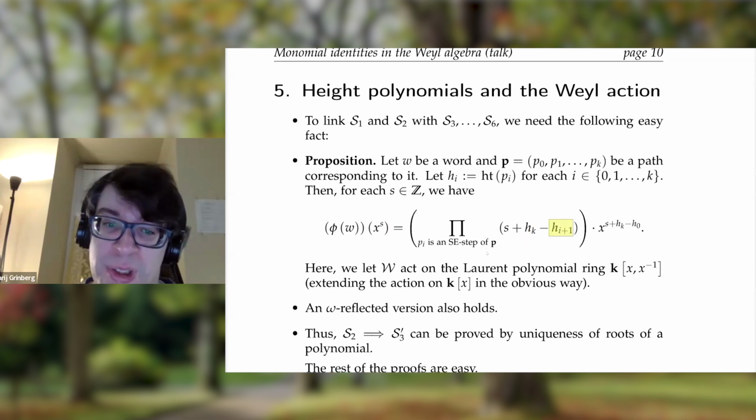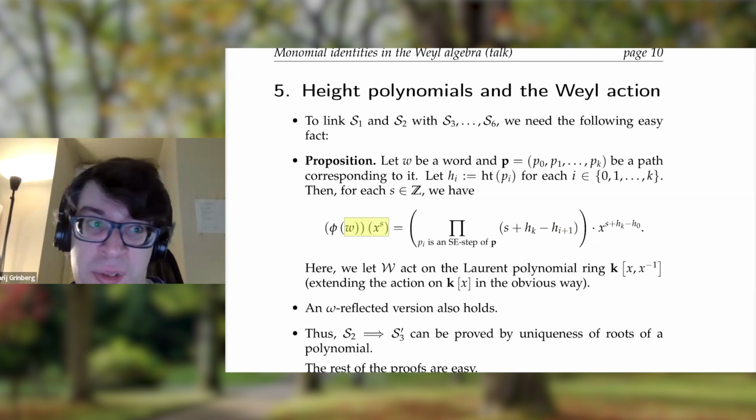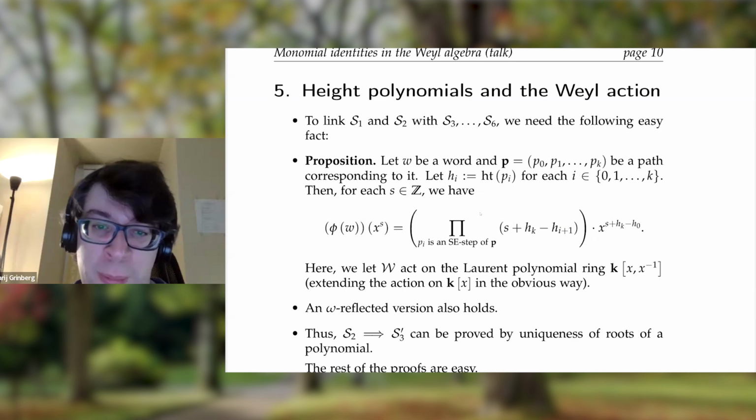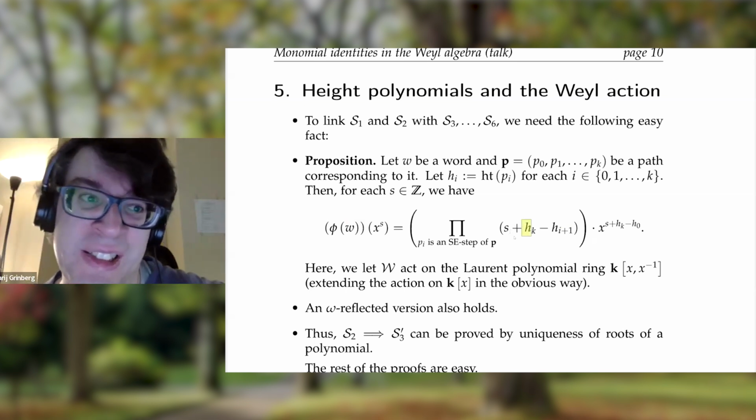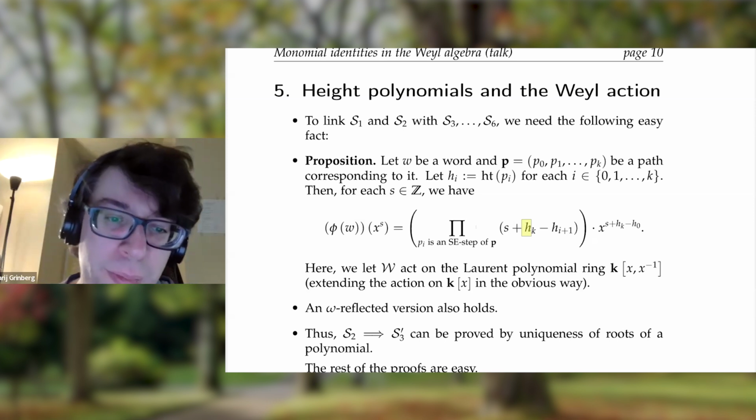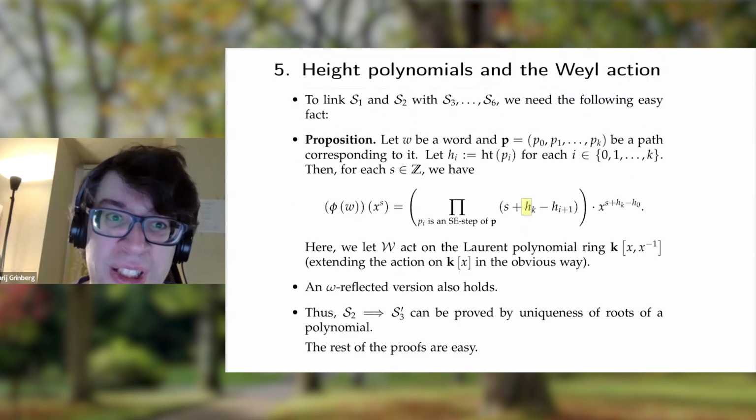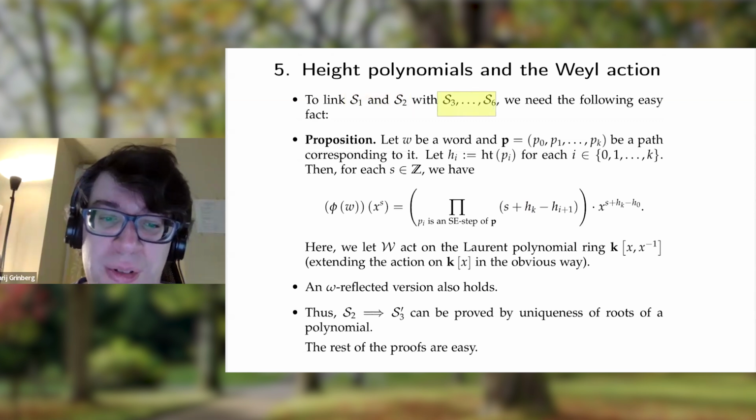And correspondingly, you can use this to show that if the actions of two words are the same on the Weyl algebra, then the height polynomials are the same. In fact, the heights are the same up to reordering. This connects the Weyl algebra statements with the remaining statements.